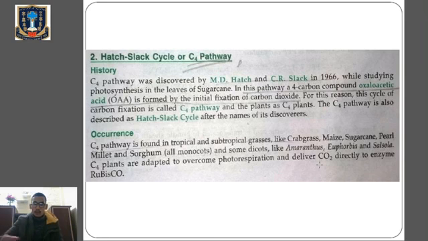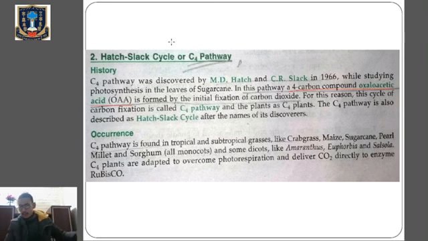So over here, what is the product that is being produced? Mainly in this pathway, a 4-carbon compound called oxaloacetic acid, OAA, is formed, and hence it is called the C4 pathway.